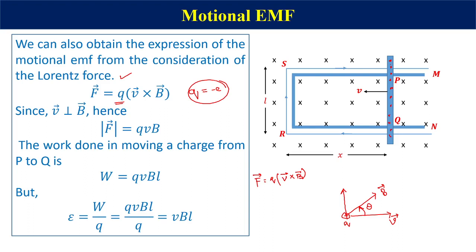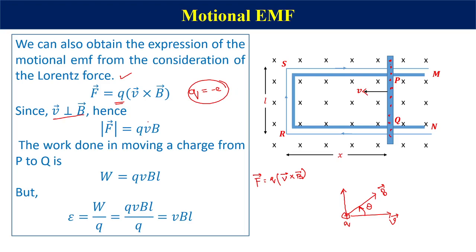And if Lorentz force acts, then the force is given by F equal to q whole into v cross B, but v is perpendicular to B. So in this case, you see the velocity vector is in this particular direction and the magnetic field happens to be in a direction perpendicular to this. So I cannot show this, but you can imagine that v is at right angle to the magnetic field.